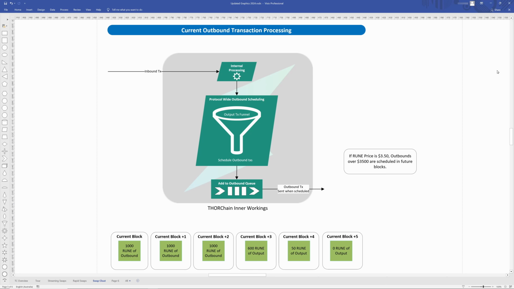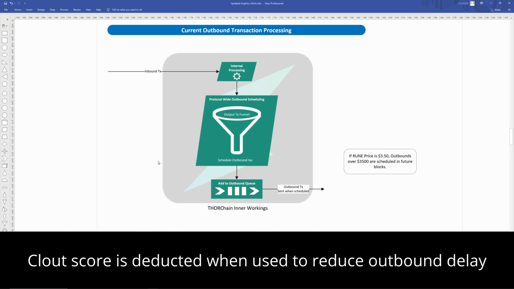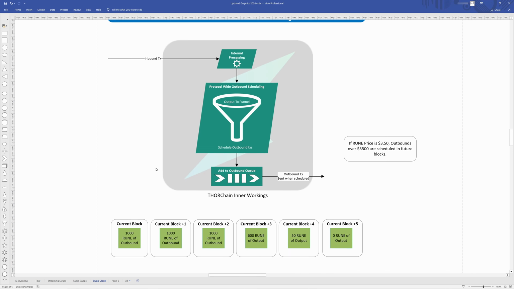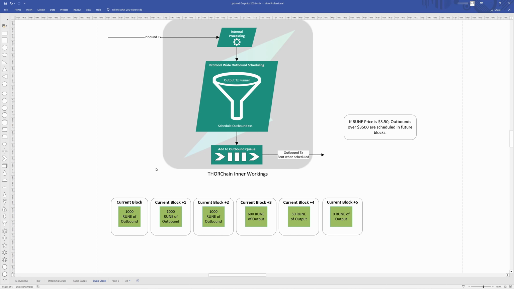So as an example, you might have an outbound that's valued at 50 rune, and if you've got a Clout score of 30, it's obviously going to reduce the value by that Clout score, thereabouts. We'll go through the specifics in a minute. And that would then reduce the wait time for that particular individual, or that particular trader.